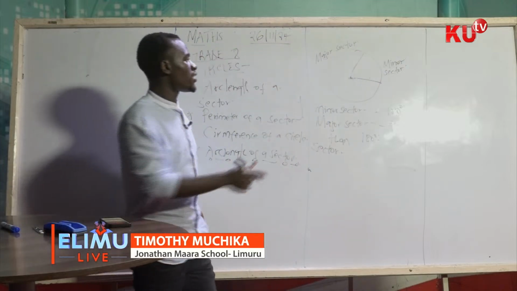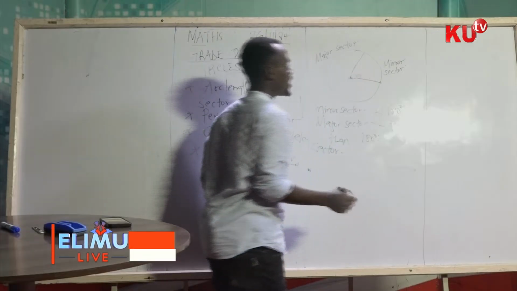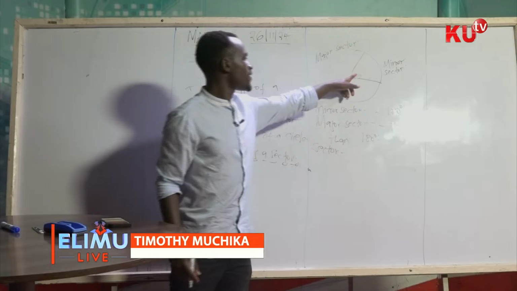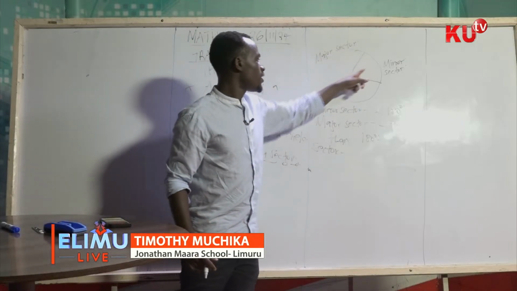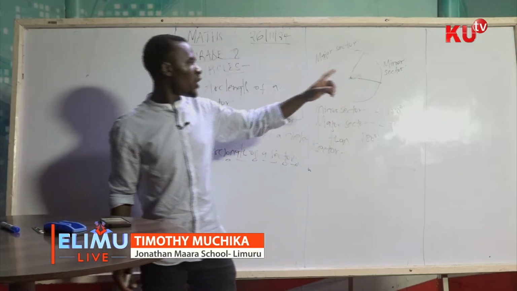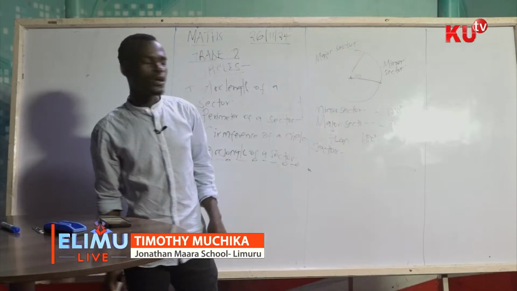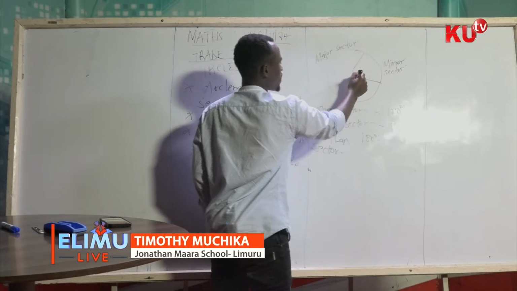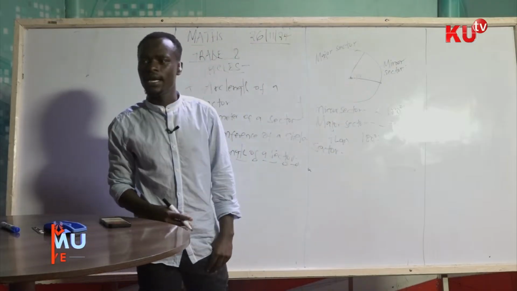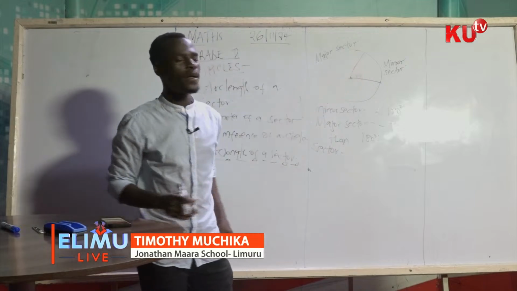For a sector to be formed, there must be what we call angle theta, and this is simply the angle that has been subtended by the sector to the center of the circle. So one of the components of a sector is an angle, and it is usually denoted by theta.